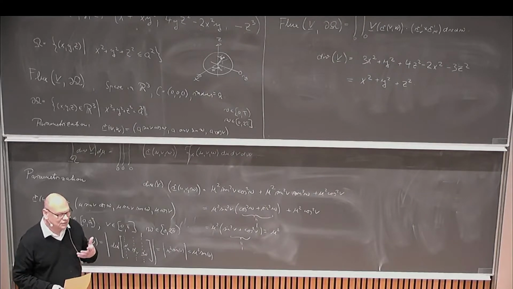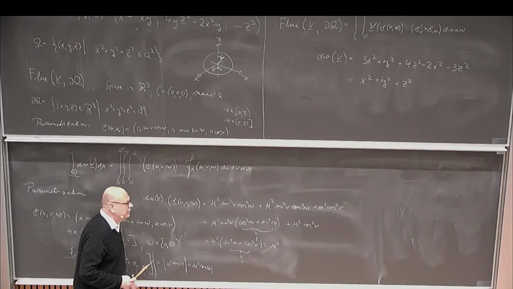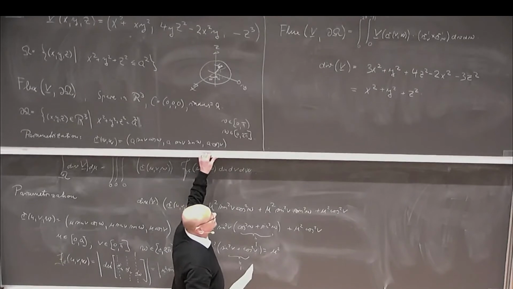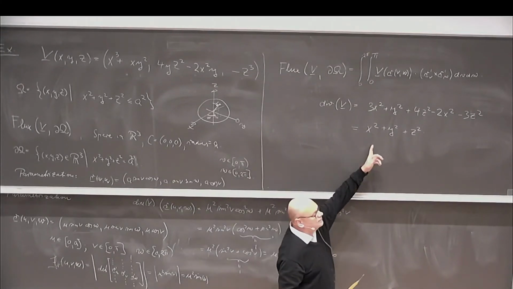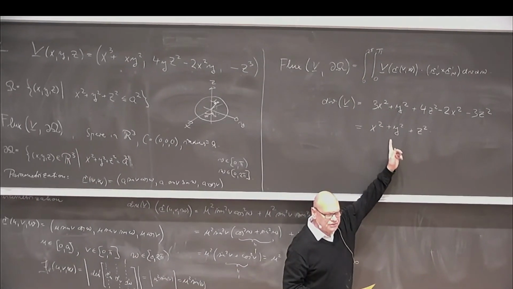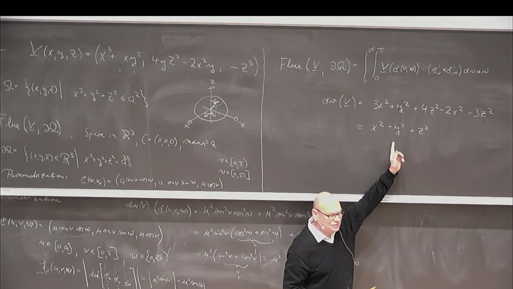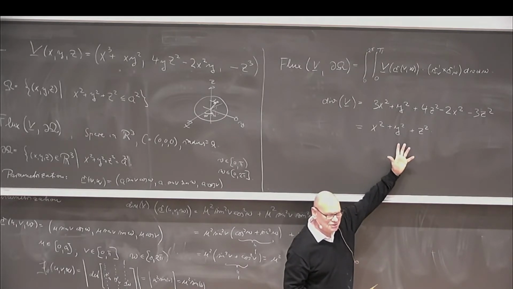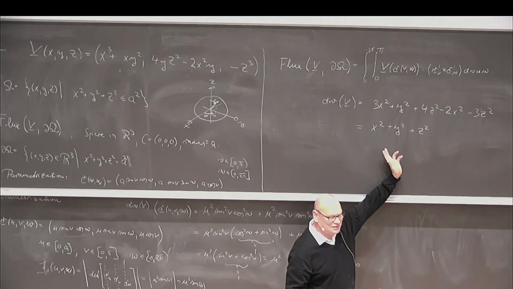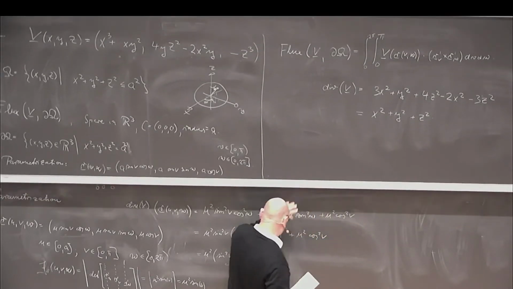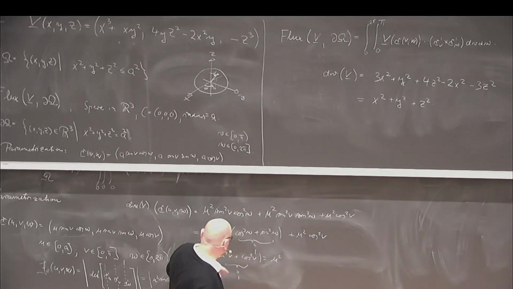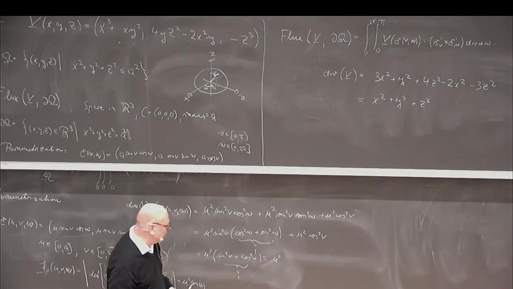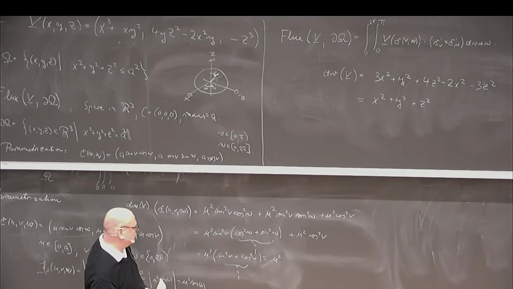If you look at this, this is the square of the distance to the origin, x squared plus y squared plus z squared. So actually you should get the result that this sum should be equal to u squared.